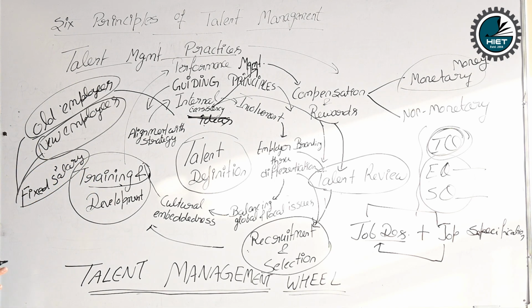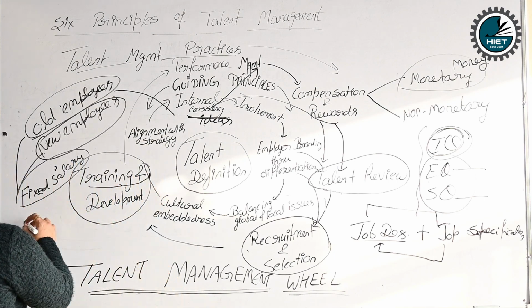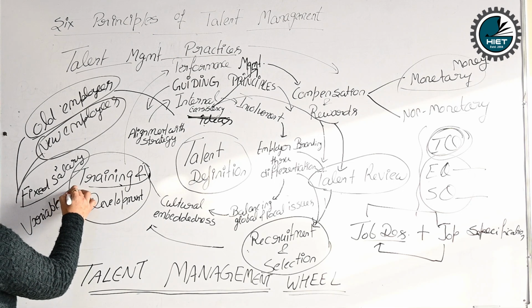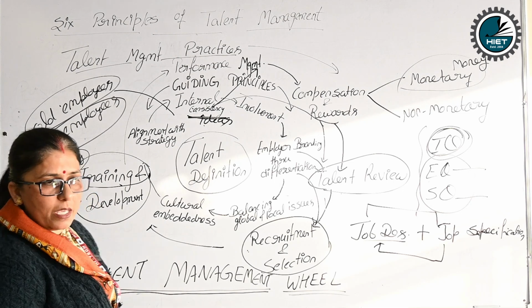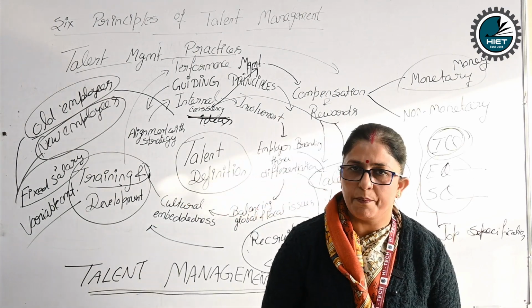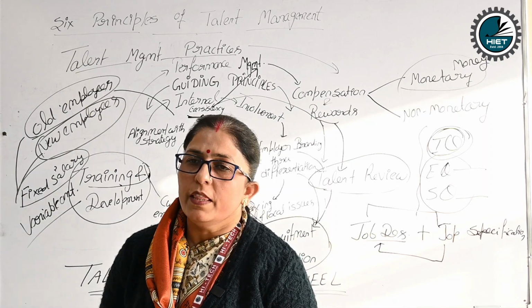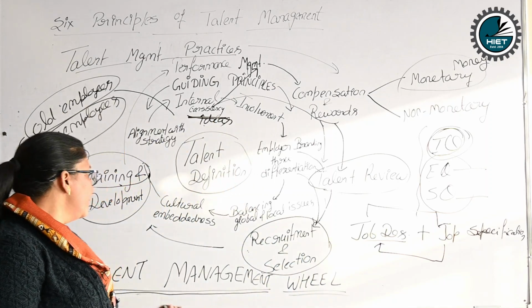But from where does this difference come? This difference comes from the variable amount. And what is this variable amount? This variable amount can be the incentives. For example, if we go to the insurance sector, people there are working for incentives, right?